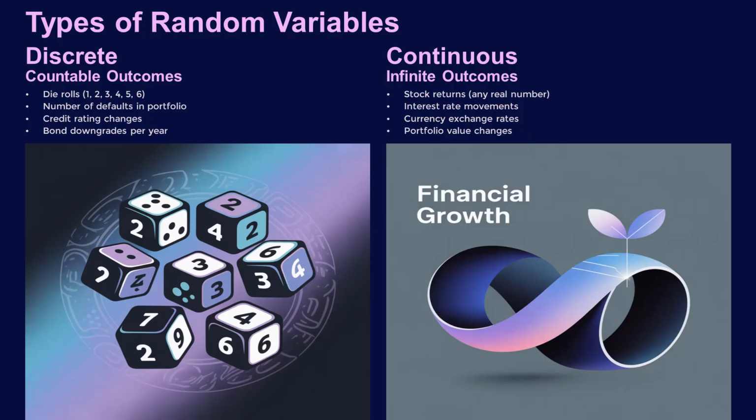A continuous random variable has uncountably many outcomes within an interval. Examples: stock returns, interest rates, loss severity in insurance claims. Why does this matter? Because the tools we use, PMFs or PDFs, depend on whether the variable is discrete or continuous.